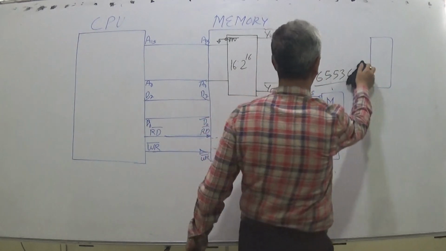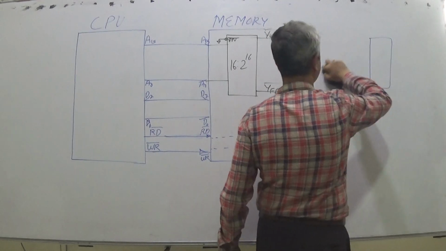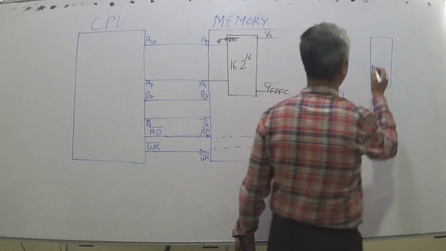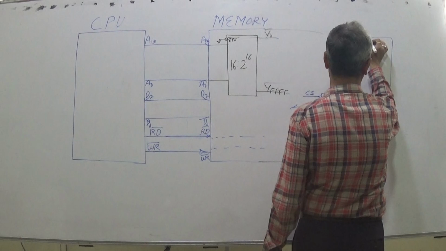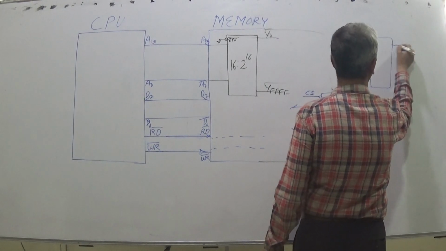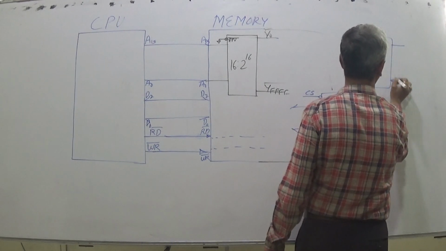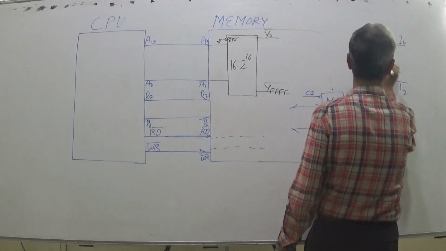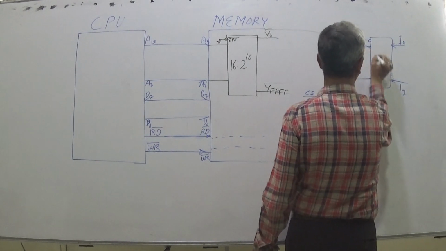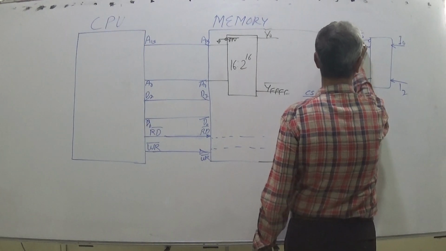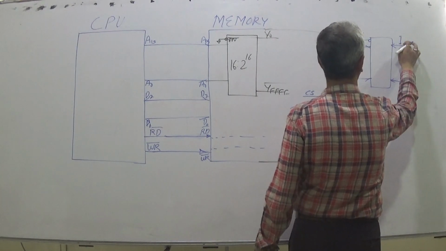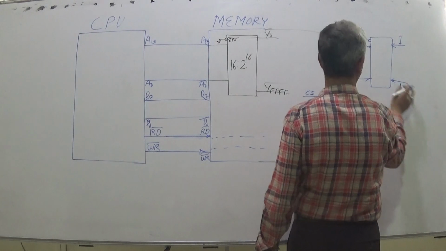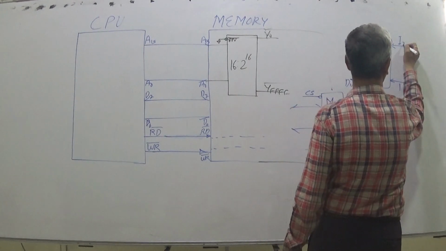There can be, as we discussed, an input port. When there is an input port, it also has CS bar. Each must have CS bar. The user can connect the input pins I0 to I7, and that appears on the data lines.